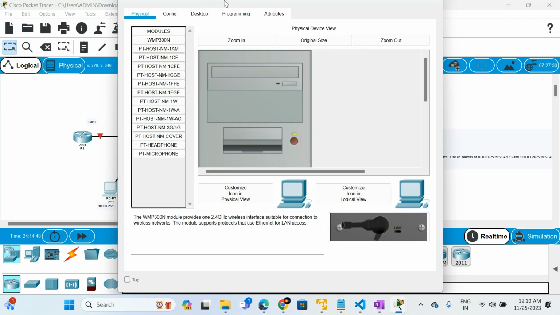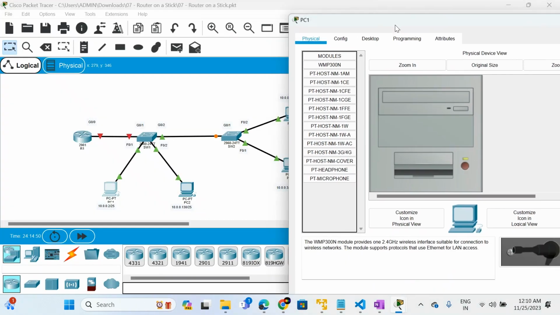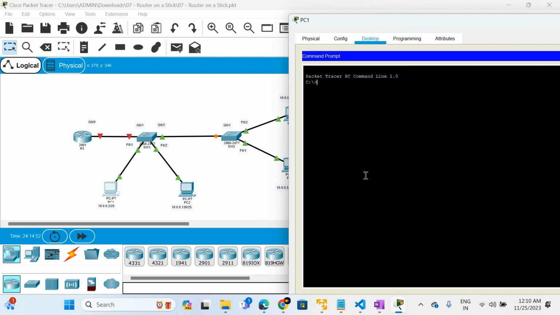Now let's do a quick check of this configuration between the hosts. Ping 10.0.0. It should be reachable. The ping should succeed because we configured it between the VLANs.